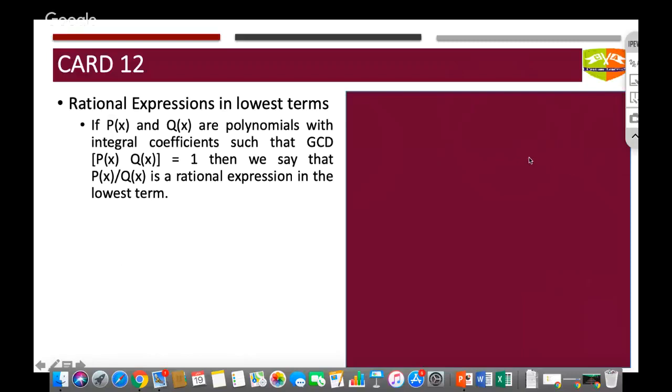And if it is not in simplest form, then it can be brought to the simplest term by cancelling the factors properly.